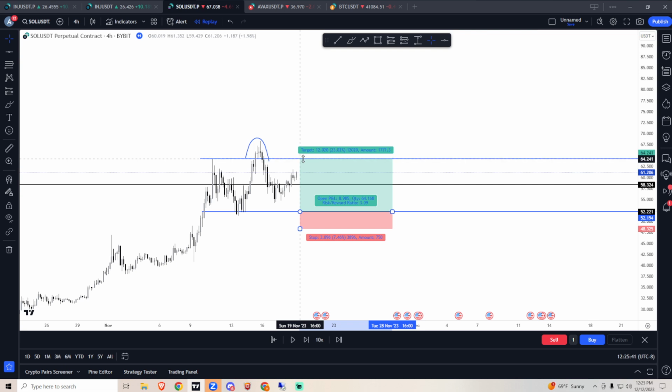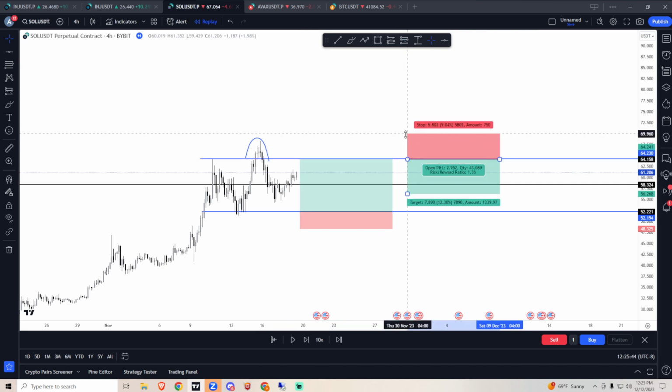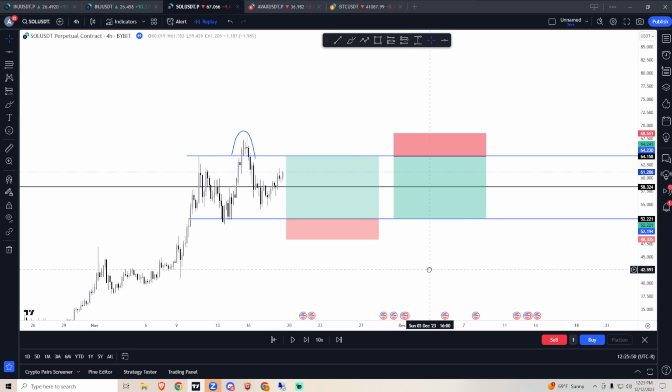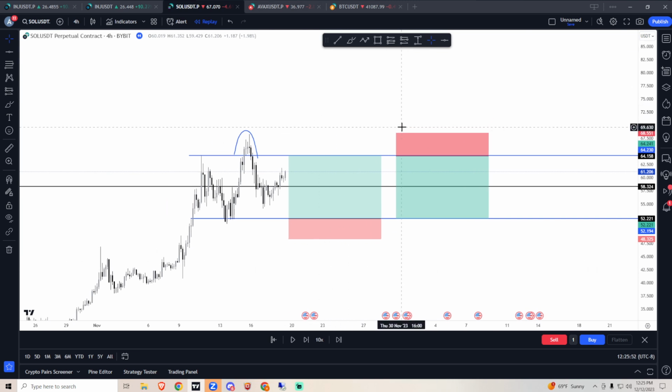Back to range highs, stop loss above. Now you can use confluence as well here. You can draw fibs, just like that, or the message link that I shared.